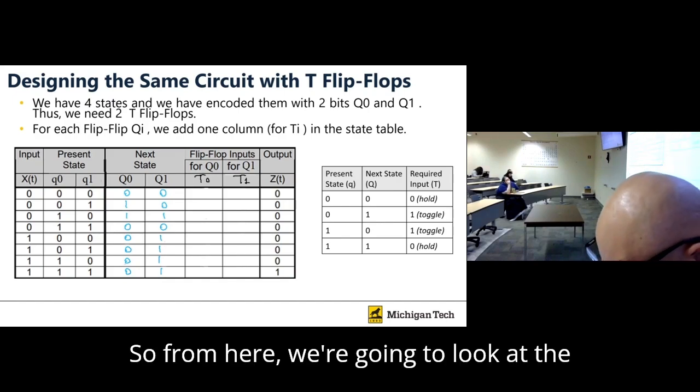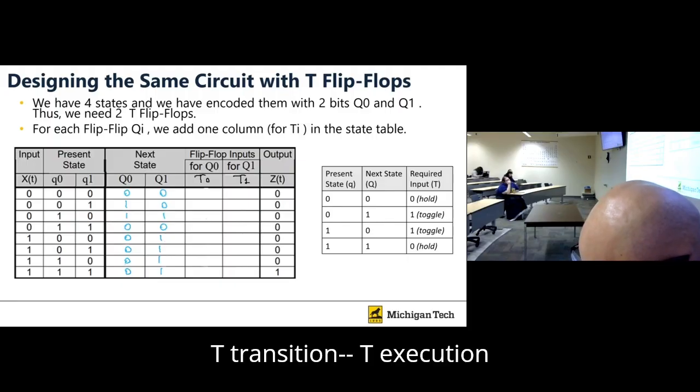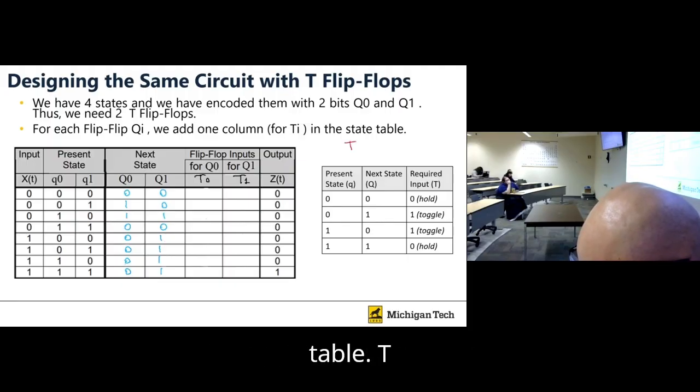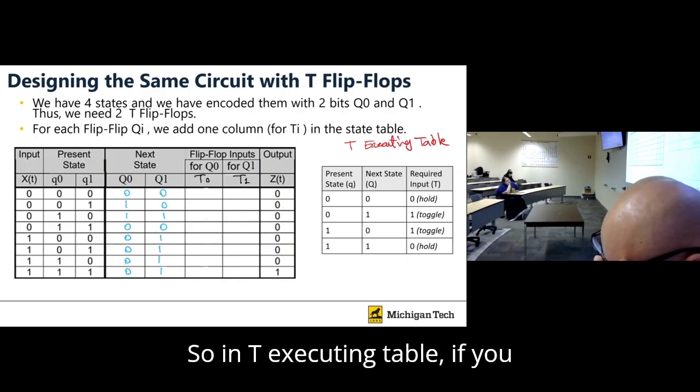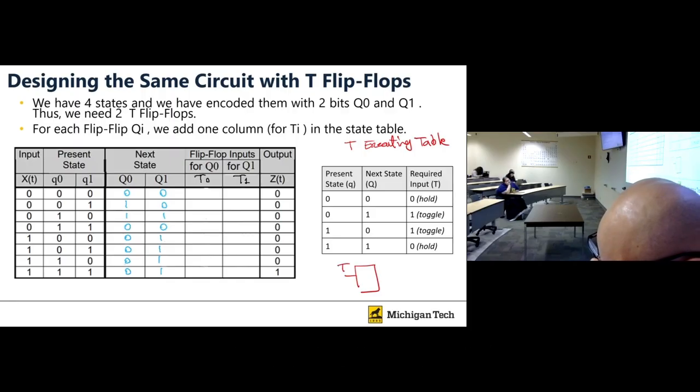From here, we're going to look at the T excitation table. If you remember, the T flip-flop has one input and two outputs, Q and Q bar.